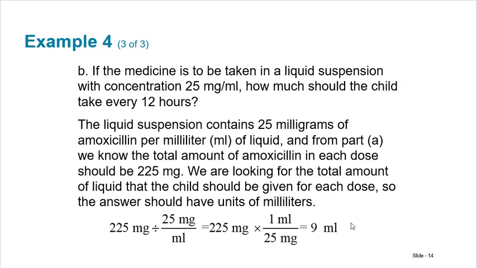So every 12 hours you've got to give them 9 milliliters of that liquid medicine, because in that 9 milliliters, they will end up getting 225 milligrams of the medicine, with the rest just being the filler, the saline kind of solution. All right, so those are some examples of how to use the conversion line with unit conversion and unit analysis.